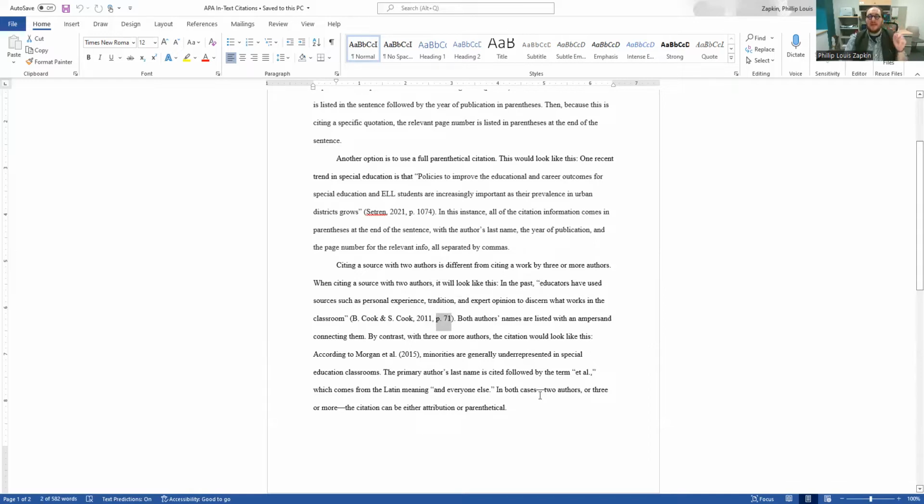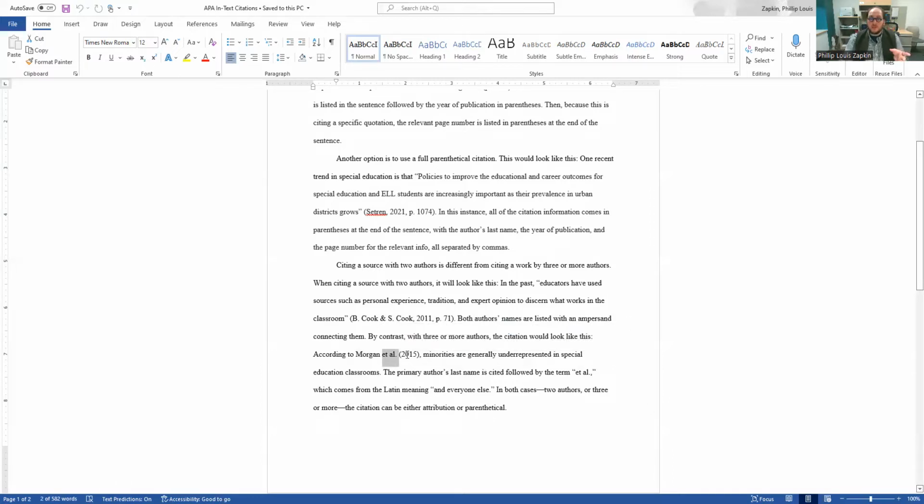By contrast, if you have three or more authors, this is what it's going to look like. According to Morgan et al., 2015, minorities are generally underrepresented in special education classrooms. Because this source has like 7 authors or something like that, you list the primary author's last name, so that's the first person listed on the author's list, followed by this term et al., E-T space A-L period.